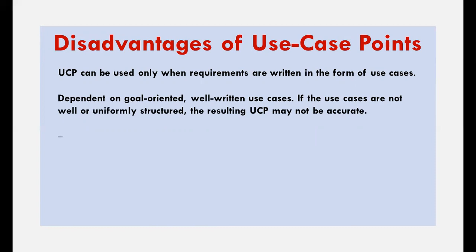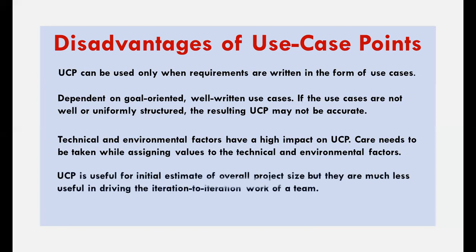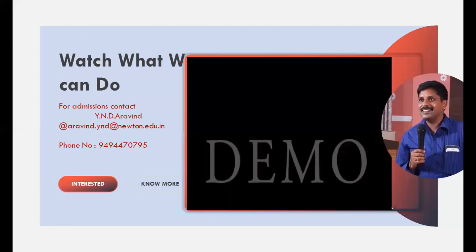The third disadvantage is that technical and environmental factors have a high impact on the UCP, so care needs to be taken while assigning the values to them. And the final disadvantage is that UCP is useful for initial estimation of overall project size, but it is much less useful in driving the iteration to iteration work of the team.